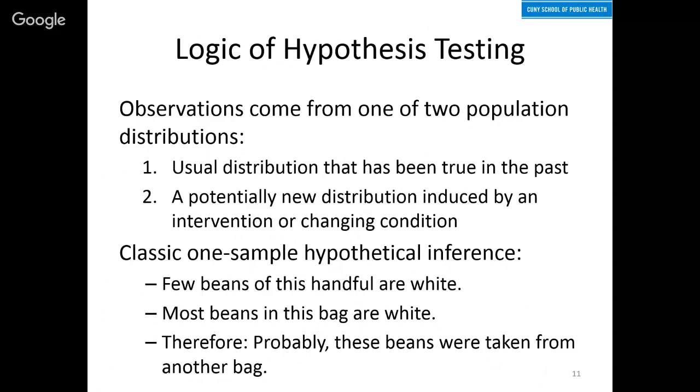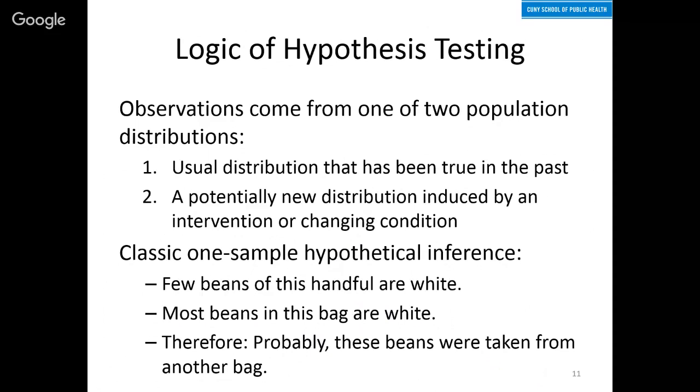One being a usual distribution, what we're accustomed to seeing, what there is and no change, and an alternative being that it is from some new distribution that is not the same as what we're expecting or what we've seen in the past.